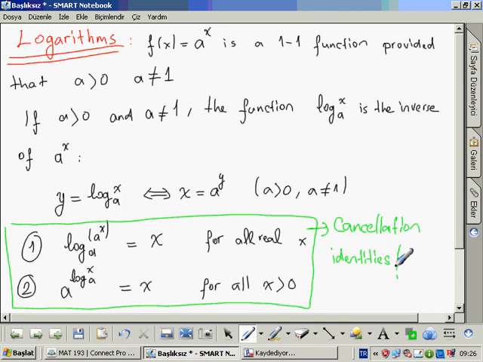And let's continue with the laws of logarithms.